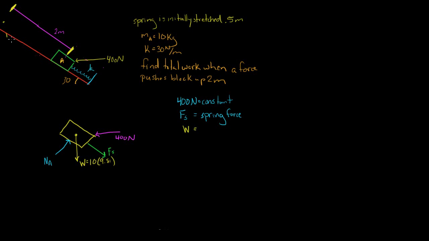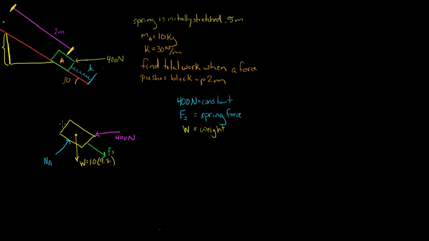However, in this particular case, this height right here is the height that this block goes up. So yes, our weight does do work. Our weight is going to go higher. So our weight is going to do work on our system.